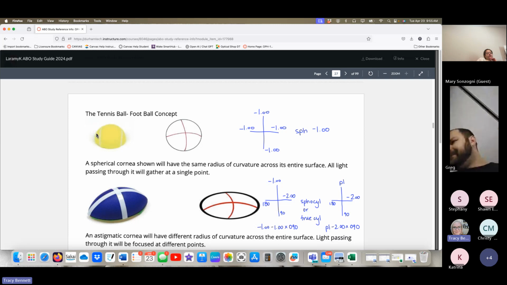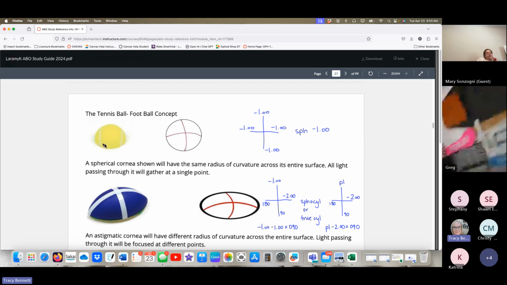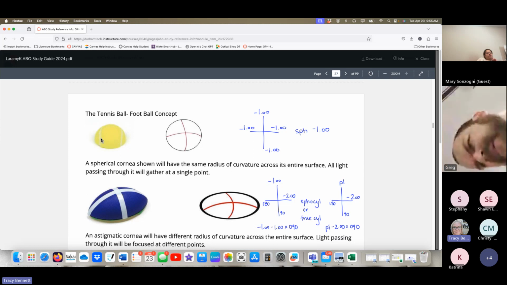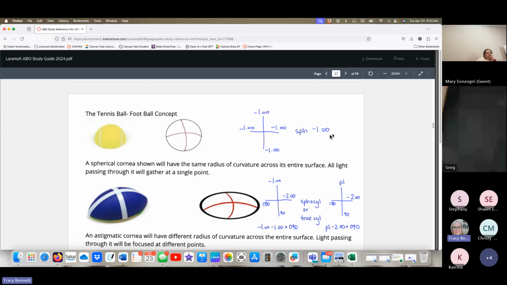If I drew a curve over this, or took a lens clock to it and clocked that curve, it'd be the same curve all the way across. It's cut from a ball or a sphere. And when you see that on an optical cross, all the powers in the major meridians are the same. You see a lens power like this, -1 sphere.